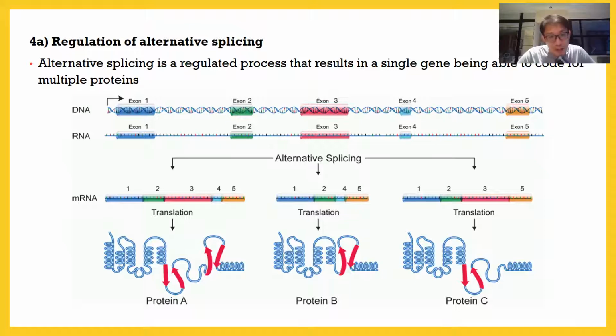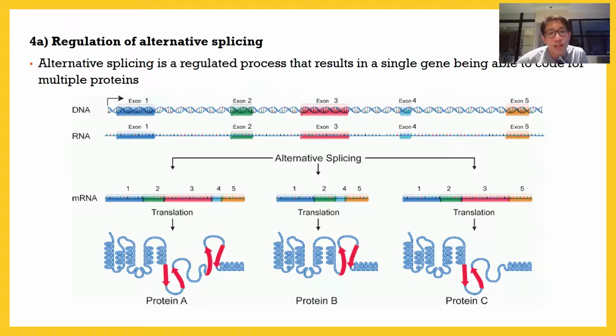When we look at alternative splicing, we are looking at different combinations of exons that are spliced together. All the introns are excised. I think I have mentioned this before under splicing when we went through protein synthesis, so let me just repeat that. Introns are all excised, and the exons can be spliced together in different combinations.